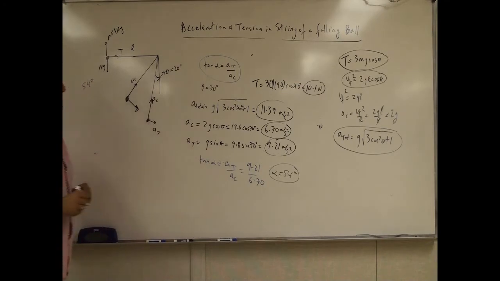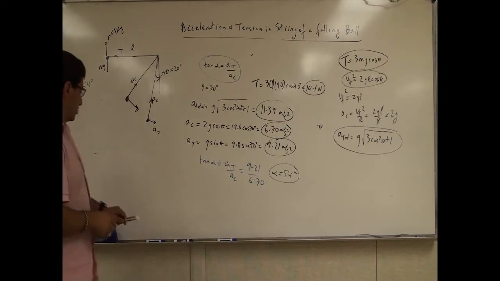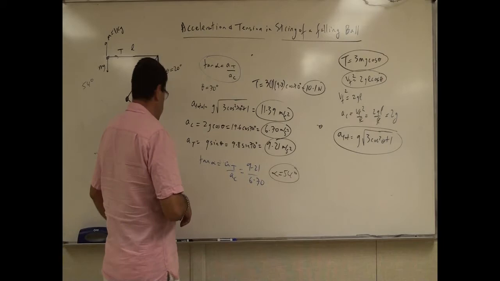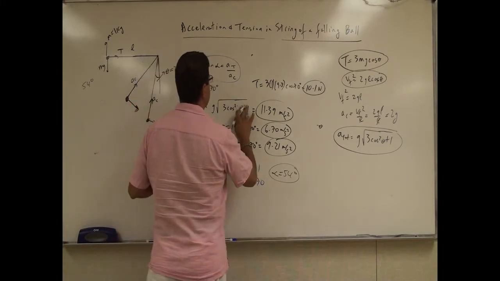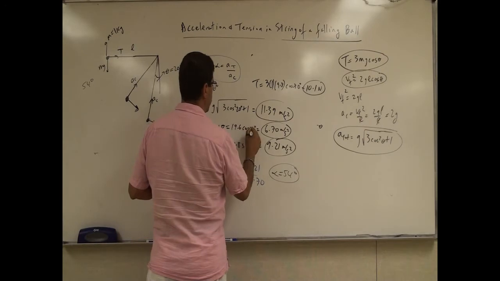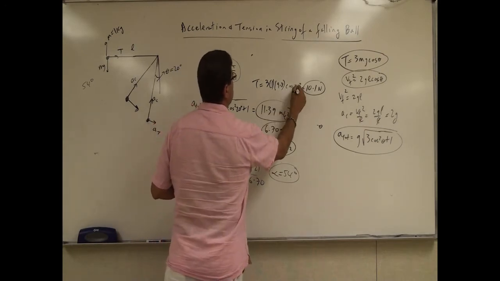What happens? Okay, so now you can see that A centripetal is much larger, right? So then you're going to say, let's recalculate everything with 20 degrees. So now we have here cosine squared 20, and then this is going to be cosine of 20, sine of 20, and then this is going to be cosine of 20.